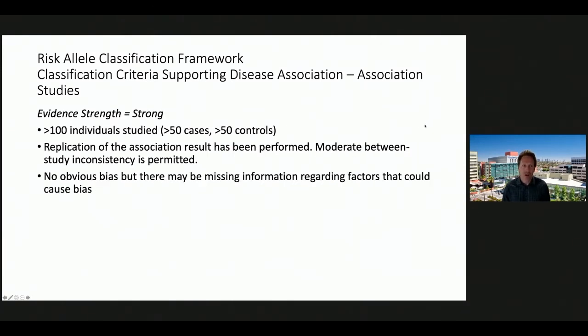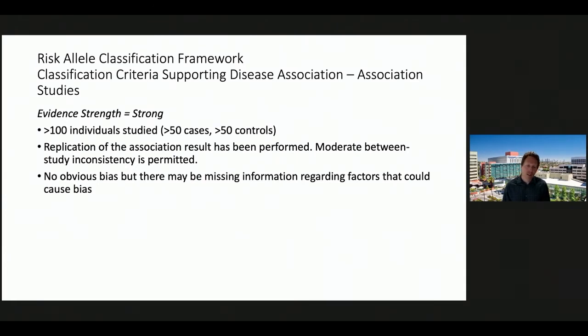So strong, it's those same 3 factors, but at this point you only need more than 100 individuals studied, over 50 cases, over 50 controls. You do need replication, and moderate between study inconsistency is permitted, but there can be no obvious bias that could affect the outcome.